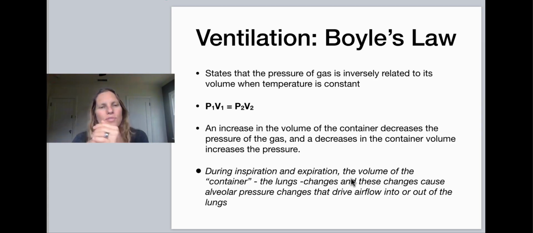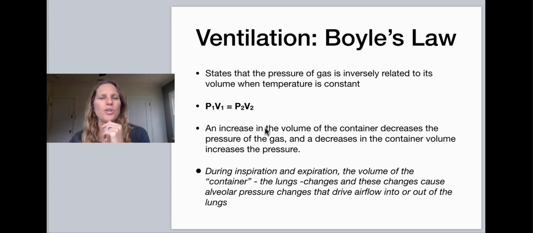This is a basic physiological principle. Boyle's Law states that the pressure of a gas is inversely related to its volume as long as temperature stays the same. That's what this formula is: pressure 1, volume 1 equals pressure 2, volume 2.